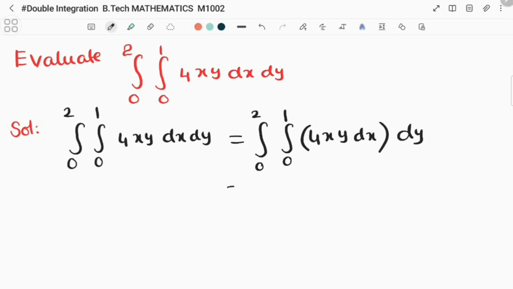Once again I am going to write this: integral 0 to 2, integral 0 to 1, with respect to y I am doing now. So 4x I am treating as constant, even dx also.